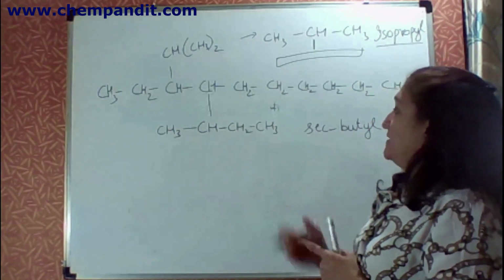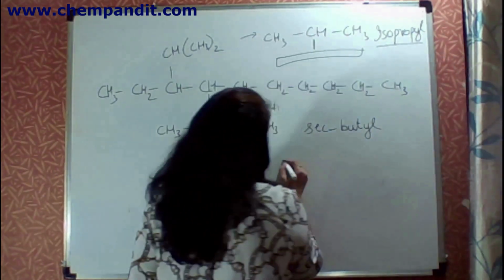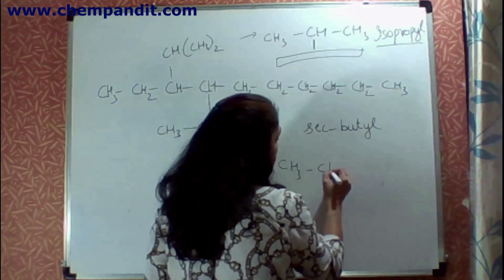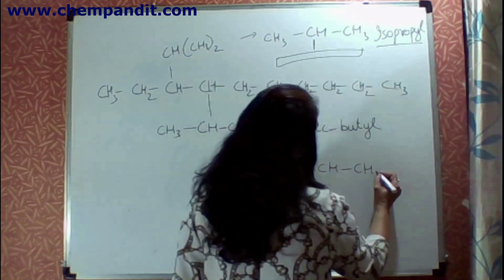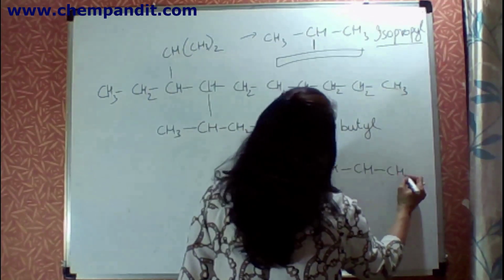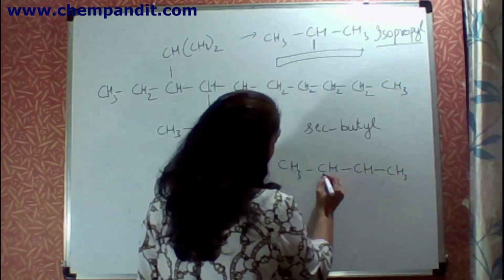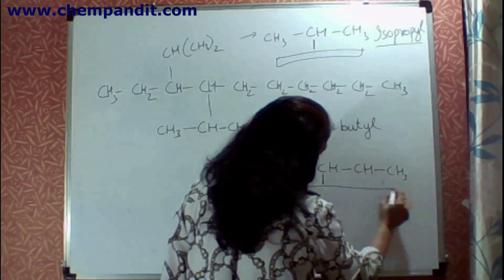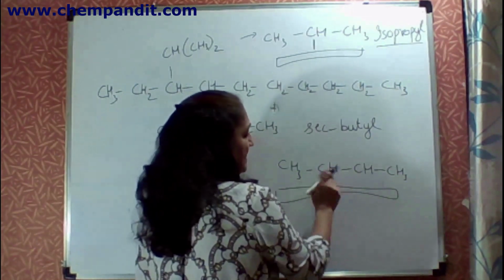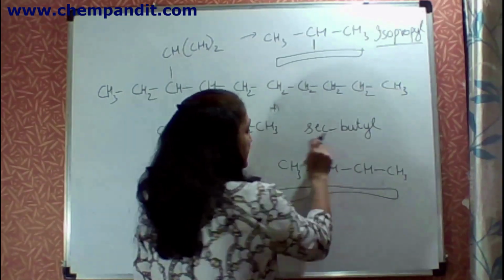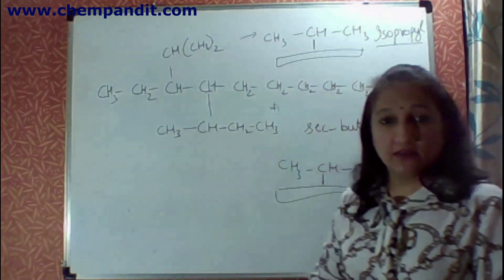Let me write it here. CH3, CH, CH3, and from here it is attached to the main carbon atom with the secondary carbon atom. Clear? So this is secondary butyl, sec-butyl.